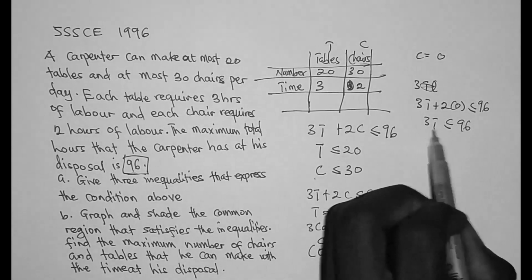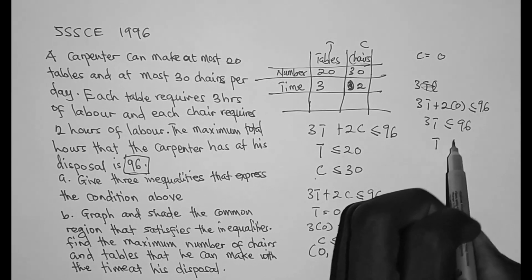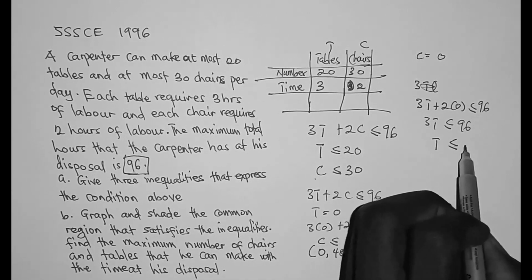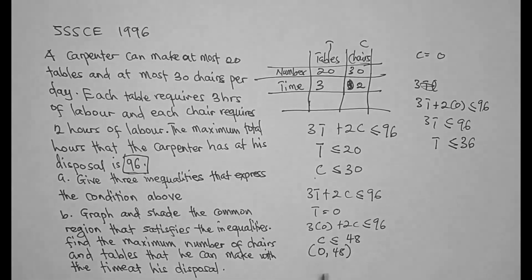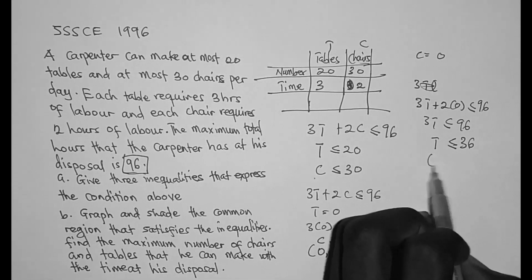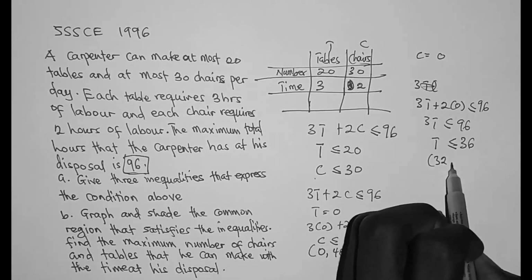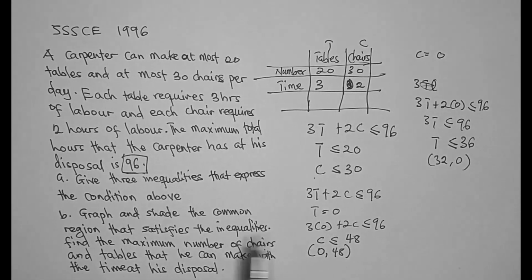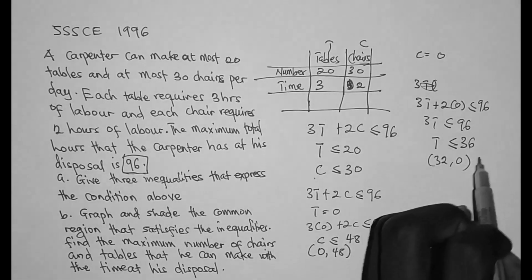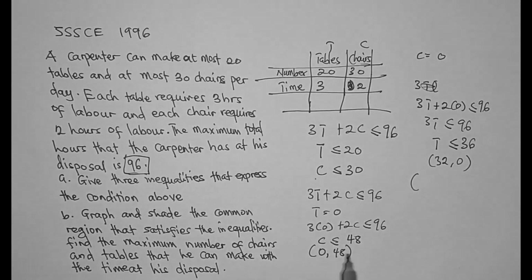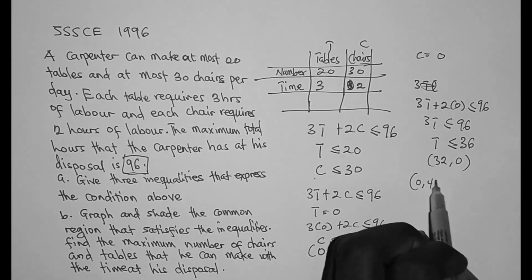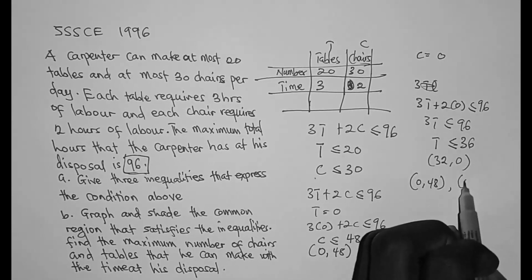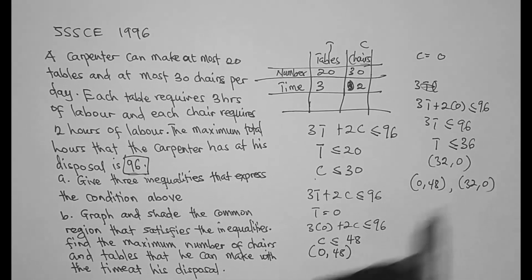And if we divide through by 3, we see that T is less than or equal to 32. And therefore we also have the coordinate 32 and 0. So let me write the coordinates here. We have 0 and 48, and then we also have 32 and 0.